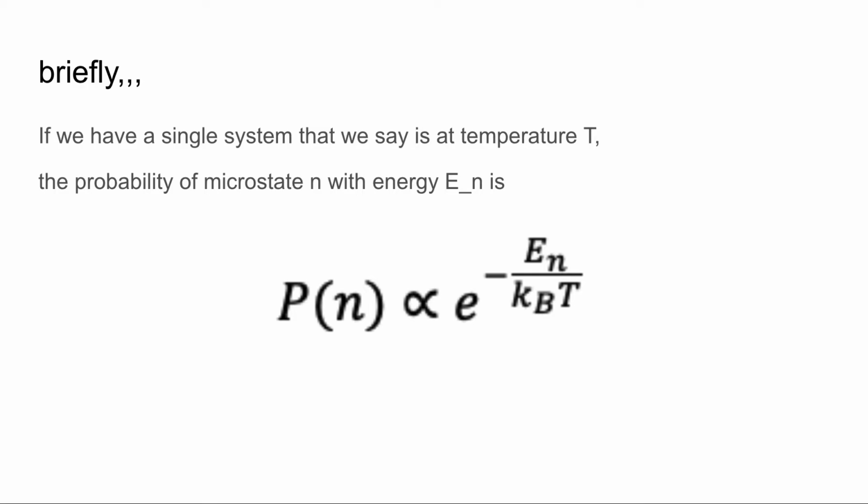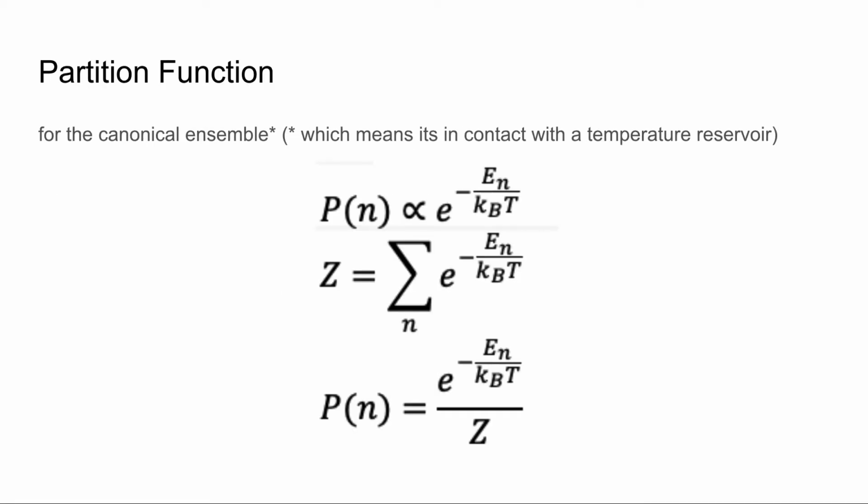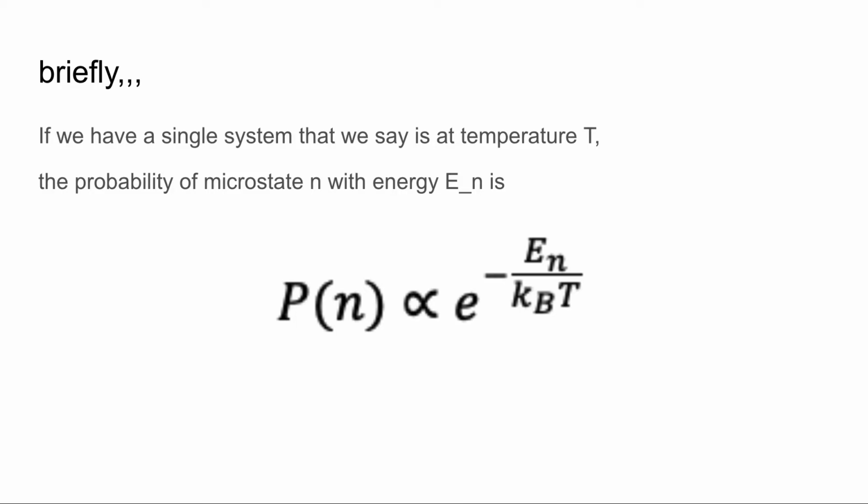But now let's say we have a single system and we know its temperature. Then it can be derived that the probability distribution of microstates is given by this formula over here. This is called the Boltzmann distribution. So using this probability, you see there's a proportion here.